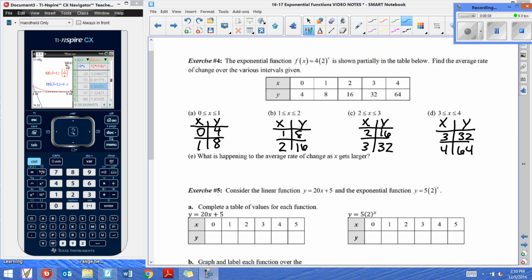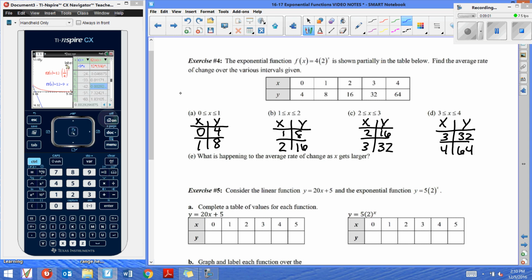Okay, now let's find the average rate of change. Well, that's figuring out how did our y's change. Looks like we added 4 here and added 1 there, so my average rate of change for this is 4. What happened here? Well, I added 8 while I added 1, so 8 over 1 is just 8.